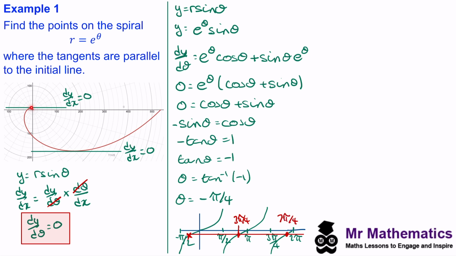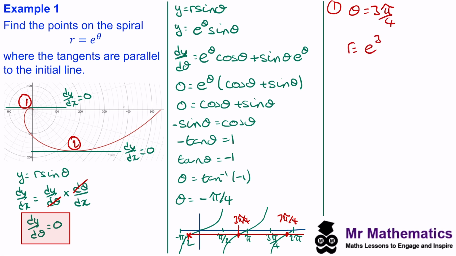So at this point, our angle of theta is 3 pi over 4, and at the second point, it will be 7 pi over 4. So if we call this point 1 and this one point 2, the first point on the curve will be when theta equals 3 pi over 4. R will then be e to the power of that angle, which is approximately 10.55.